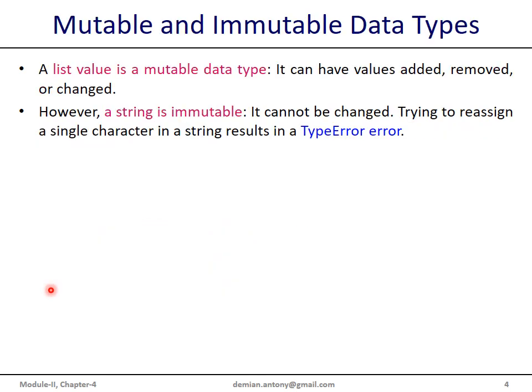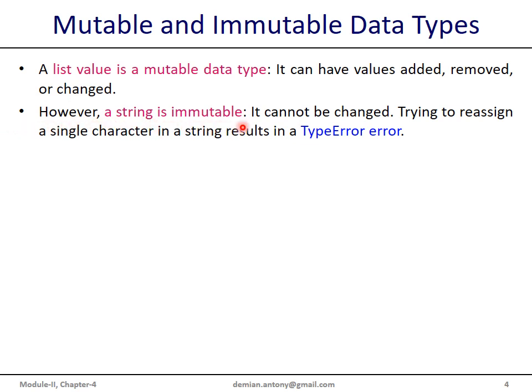What are the dissimilarities between string and a list? As we know, list is a mutable data type. It means that we can insert as well as delete the individual items present in a list. However, string is immutable.